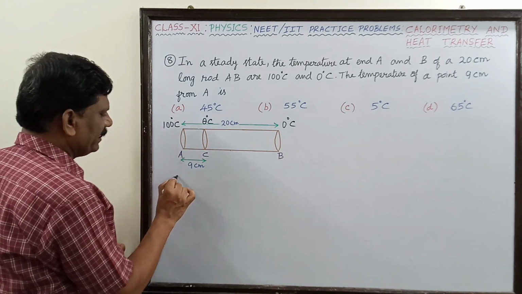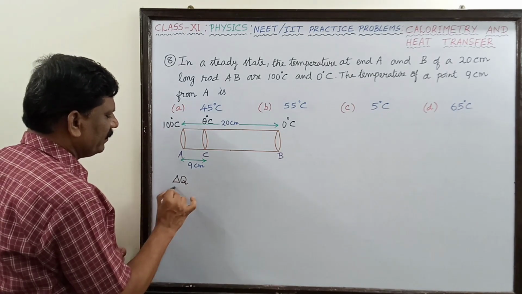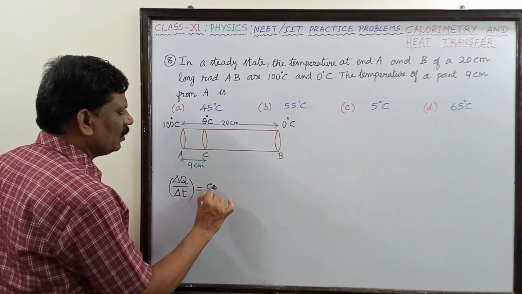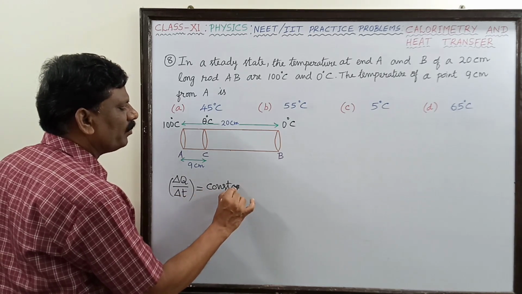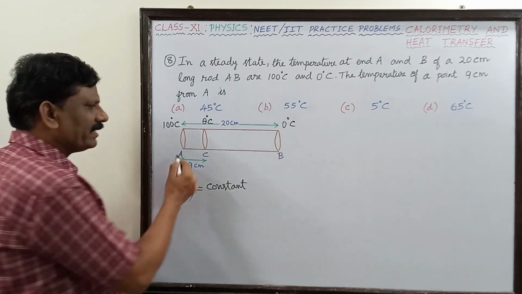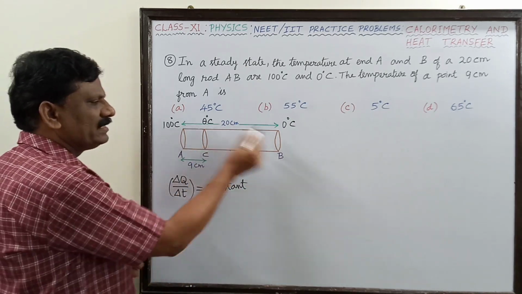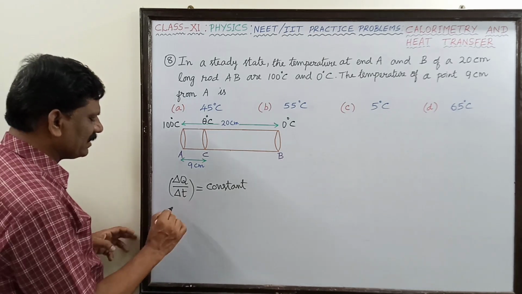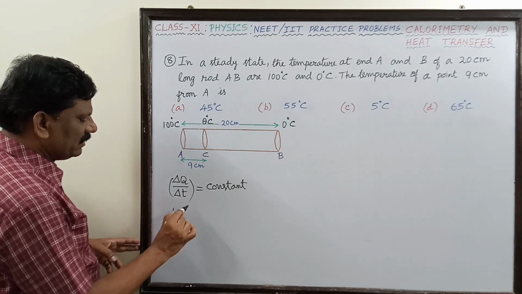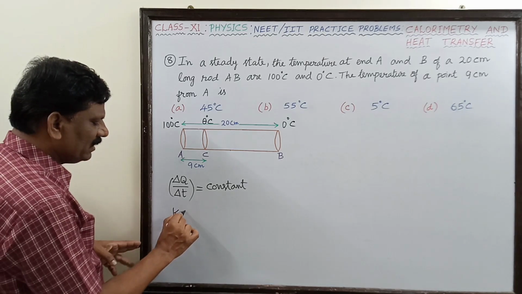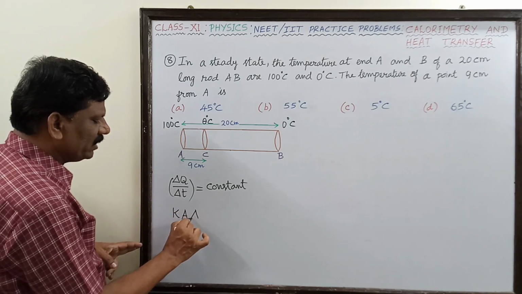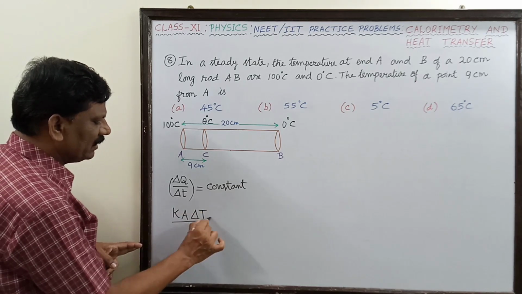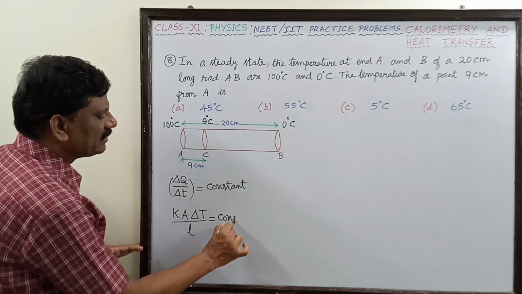So I can write delta Q divided by delta T must be equal to a constant between any 2 points, either the points A to B or A to C or C to B. So the rate of flow of heat is a constant, or the thermal conductivity K into area A into difference in temperature delta T divided by L is equal to a constant.